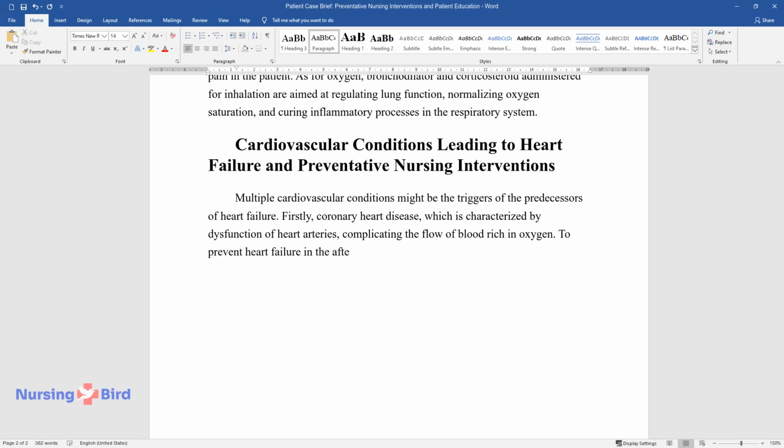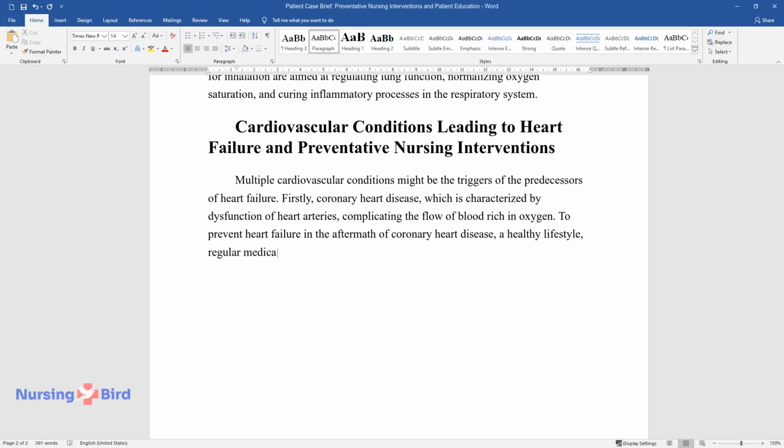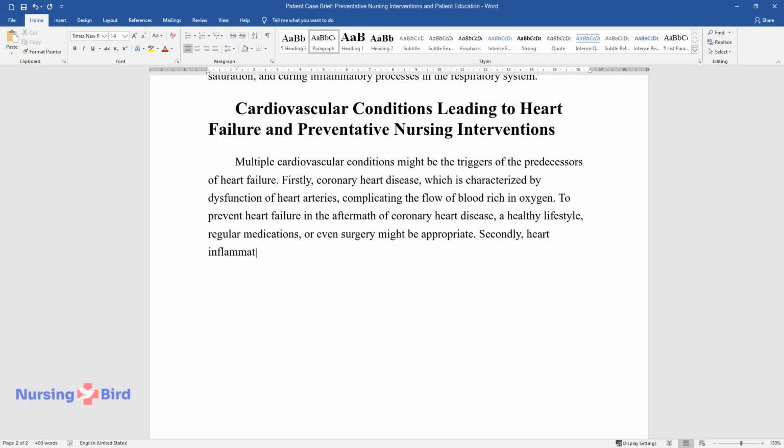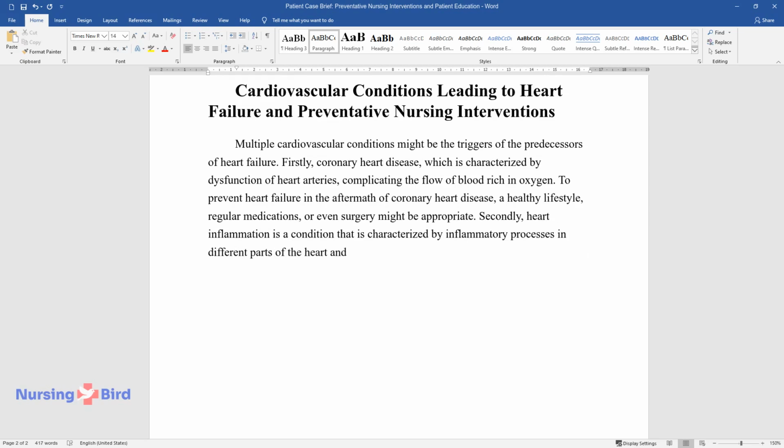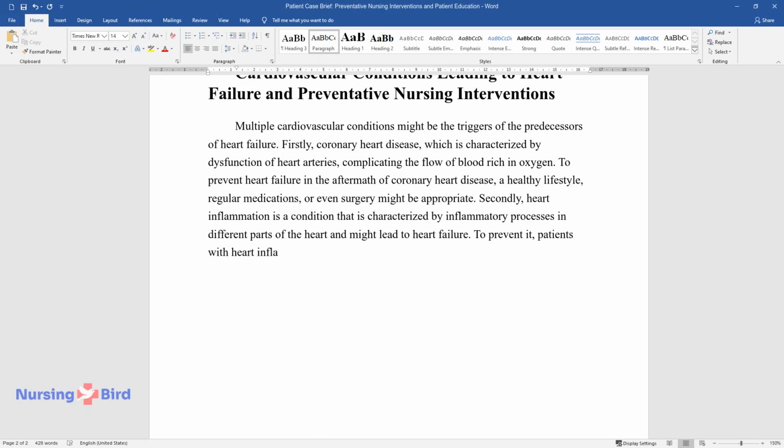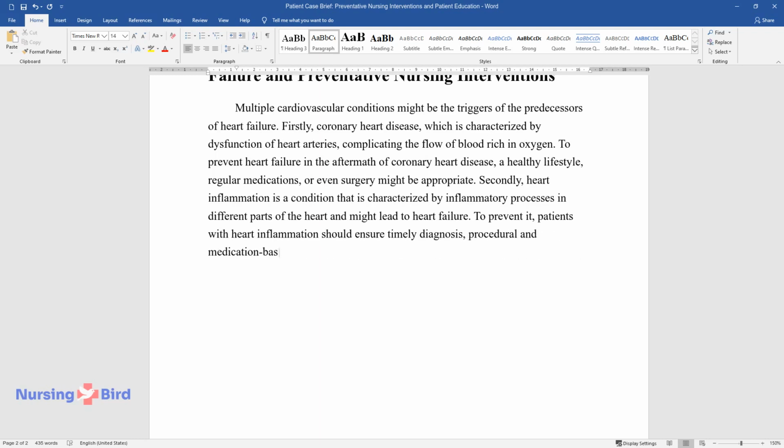To prevent heart failure in the aftermath of coronary heart disease, a healthy lifestyle, regular medications, or even surgery might be appropriate. Secondly, heart inflammation is a condition that is characterized by inflammatory processes in different parts of the heart and might lead to heart failure. To prevent it, patients with heart inflammation should ensure timely diagnosis, procedural and medication-based treatment, or surgery.